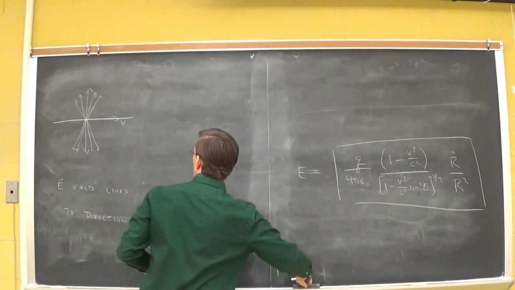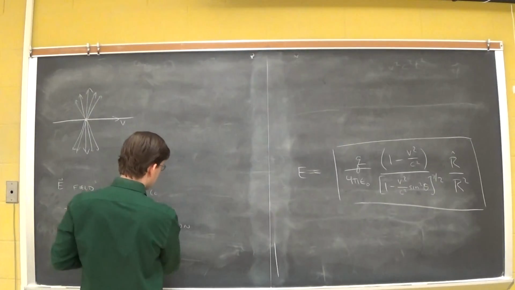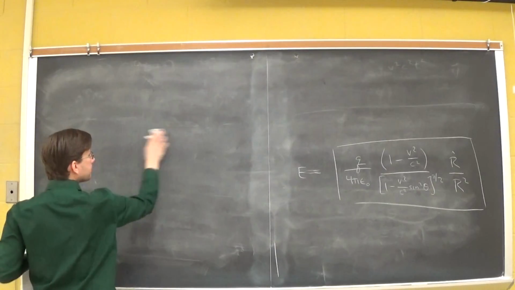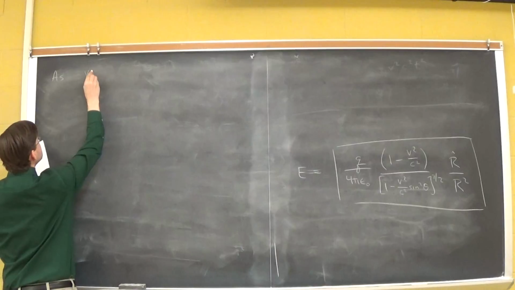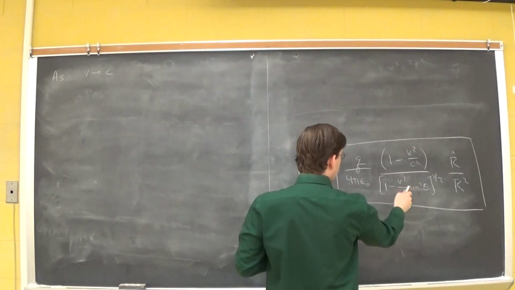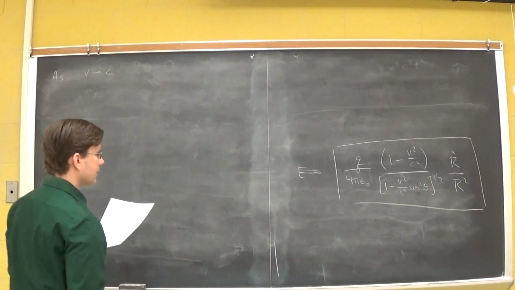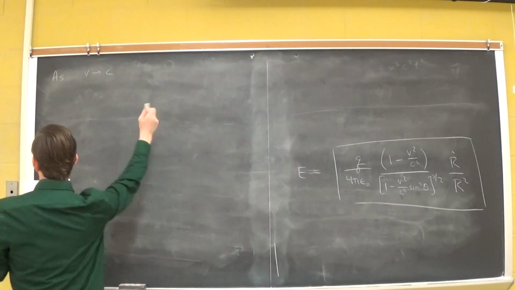Okay, and so we can look at that in a couple of test cases. Right, so I will leave that expression there. Say that as the velocity approaches the speed of light, so as v is coming up close to c, then that denominator is kind of going towards 0.